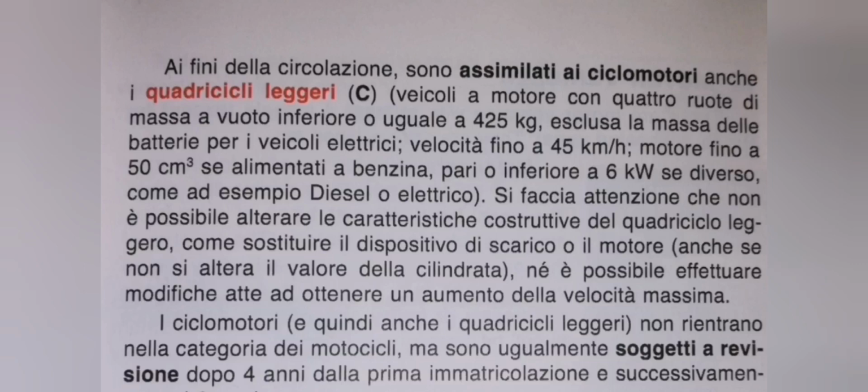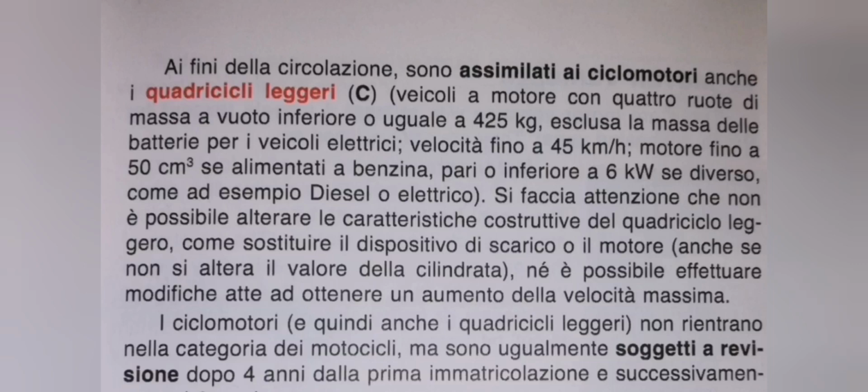Veicoli a motore con 4 ruote di massa a vuoto inferiore o uguale a 425 kg. What they are saying here is they are talking about the weight of quadricicli leggeri. If a quadriciclo is more than 425 kg, it becomes quadricicli non leggeri. But once its weight is 425 kg or below, it is called quadricicli leggeri.